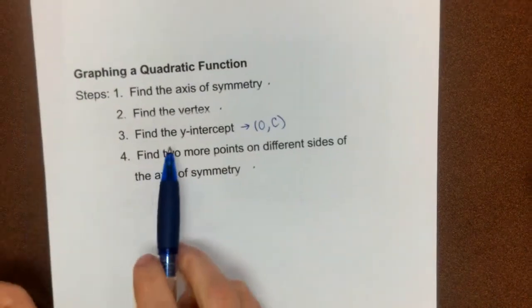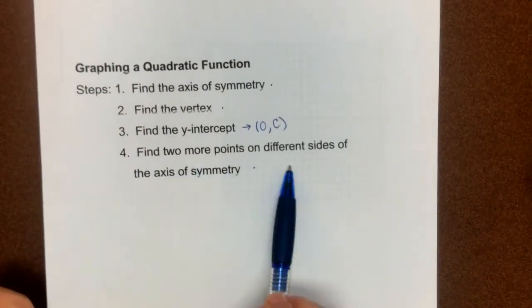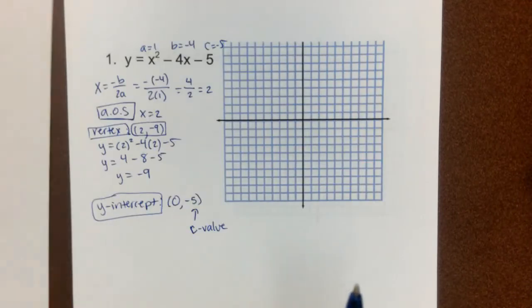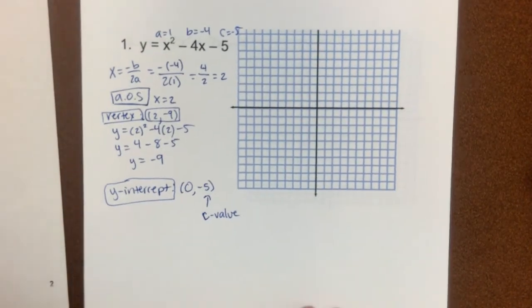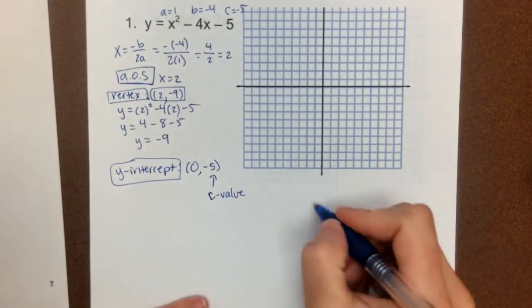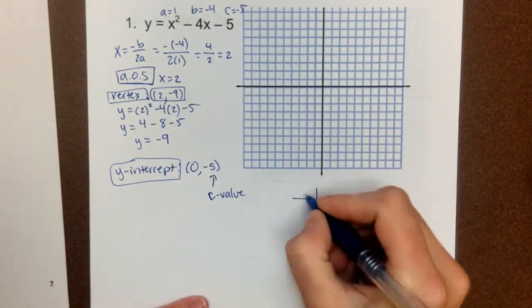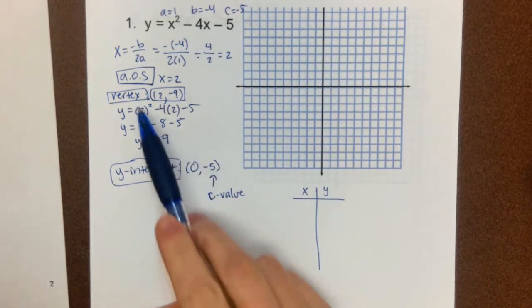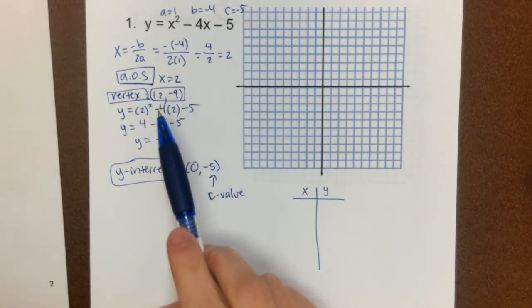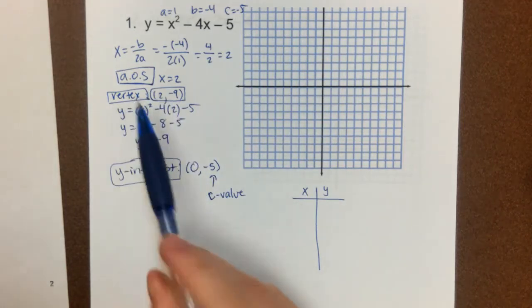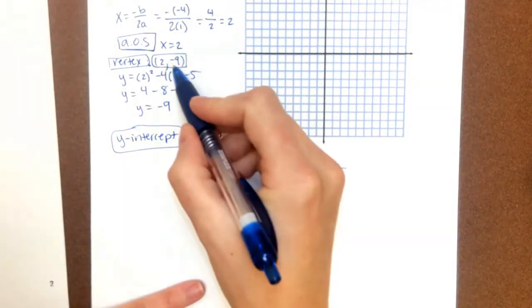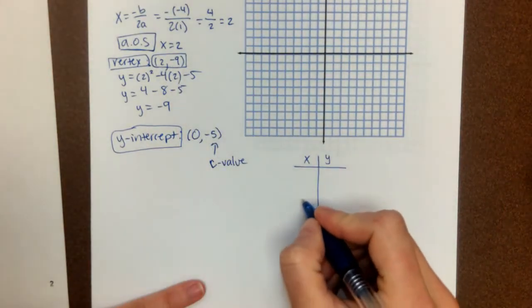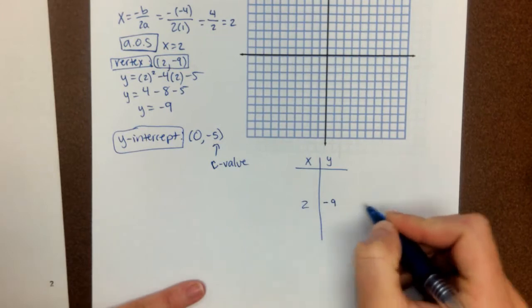Now it says use a table of values, and we're going to find 2 more points on different sides of the axis of symmetry. So I'm going to come down here and make a table of values. It's important to remember that the axis of symmetry or the vertex is sort of in the middle of that graph. So you're always going to see me put this vertex in the middle of your table of values.